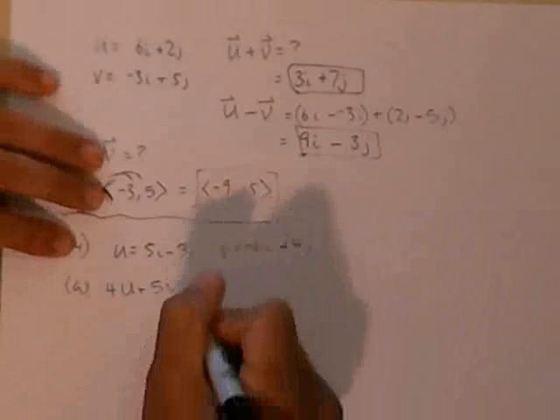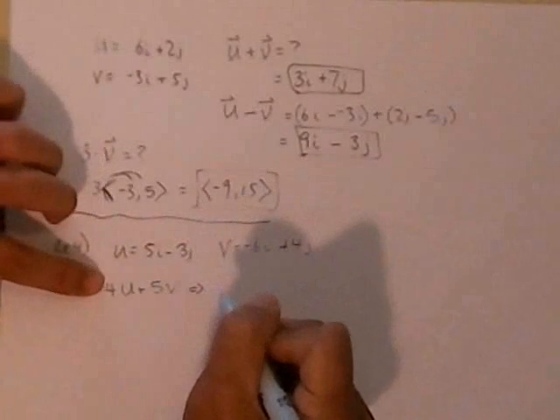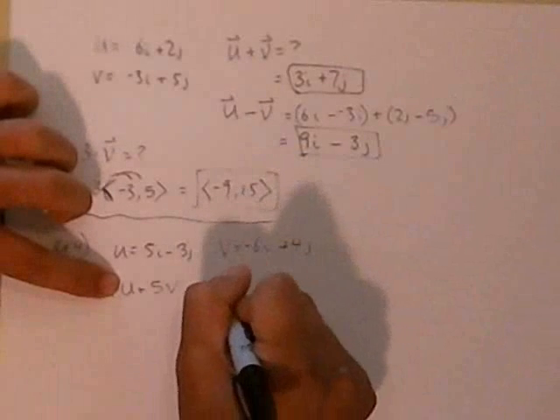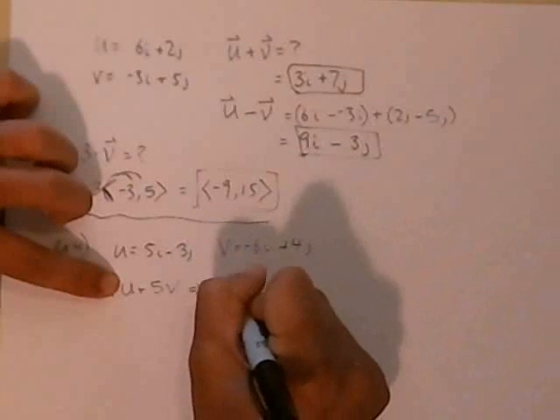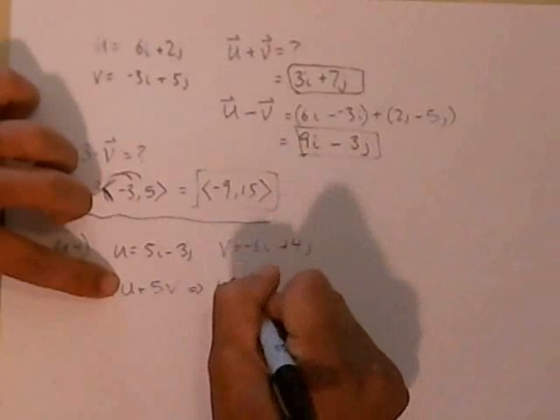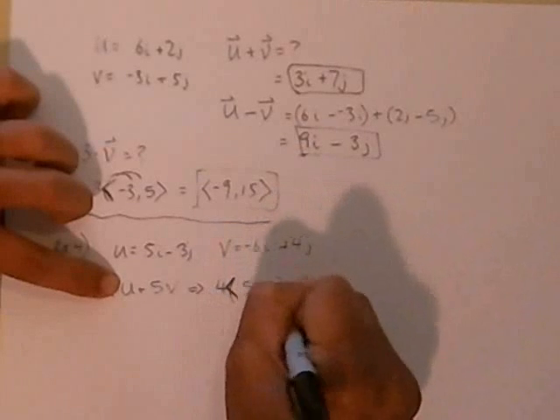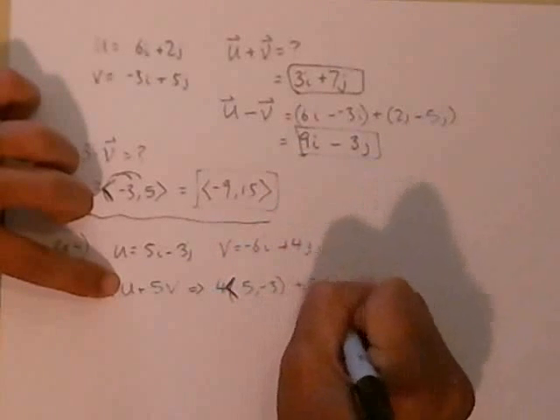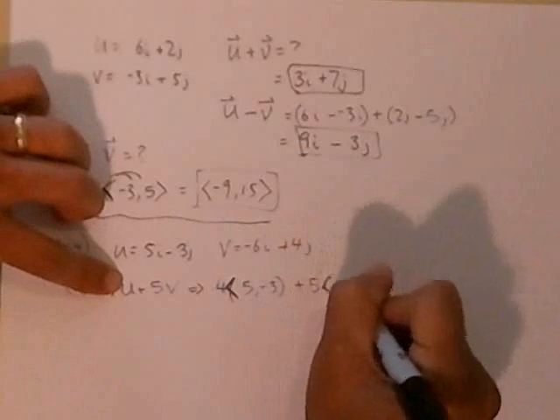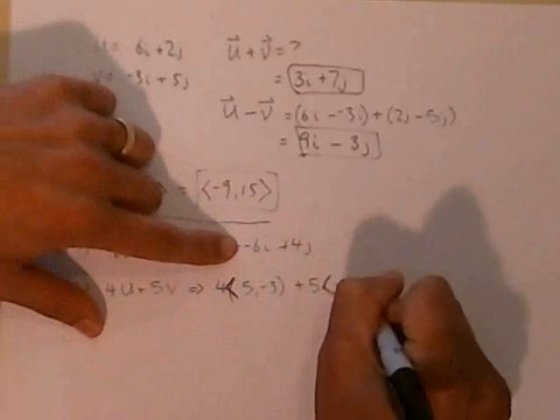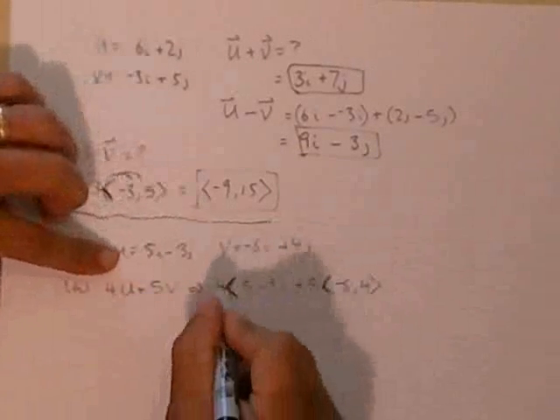Okay. How do we do that? We multiply 4 times the u vector, which is, I'm going to use short notation, 5 comma negative 3, plus 5 times this vector, which is negative 6 and 4. I distribute that out.